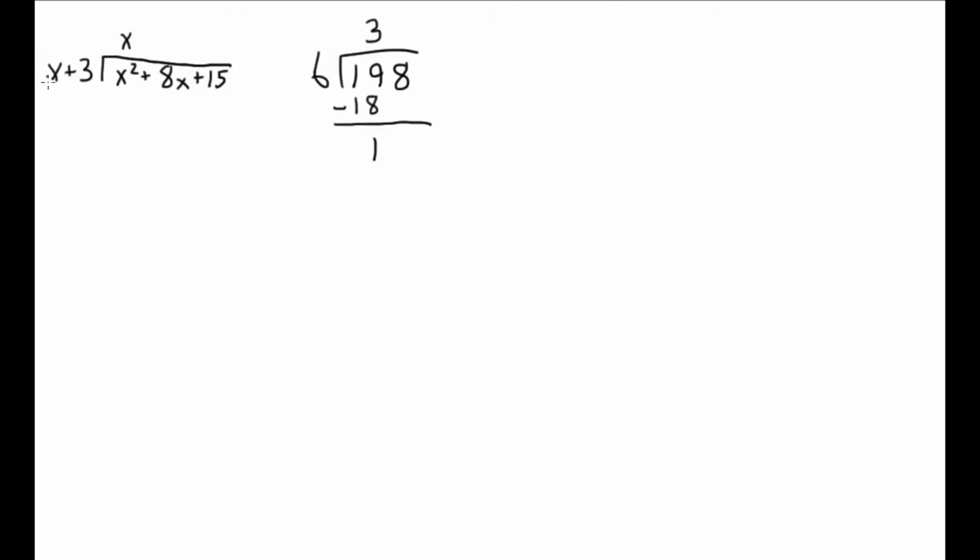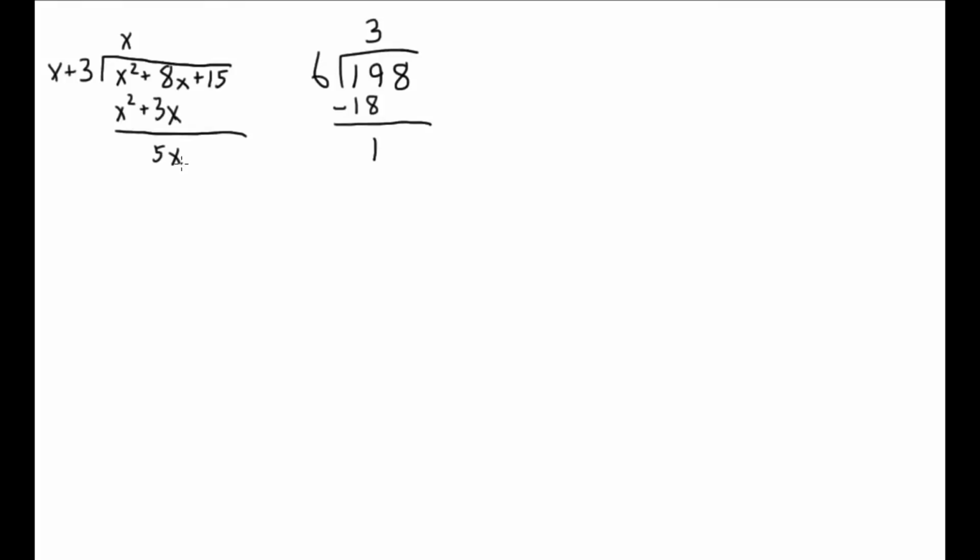Now we're going to multiply by this whole thing. This, by the way, in case you forgot, is called the divisor, the number we are dividing by. So x times x is x squared, and x times 3 is 3x. And now we subtract. x squared minus x squared equals 0, so the x squareds disappear. 8x minus 3x equals 5x.